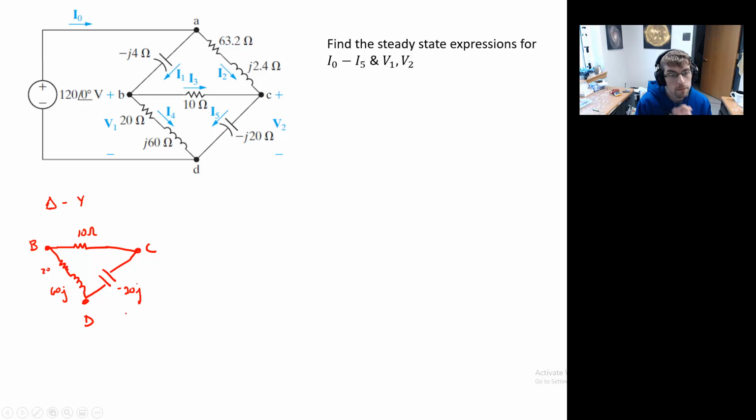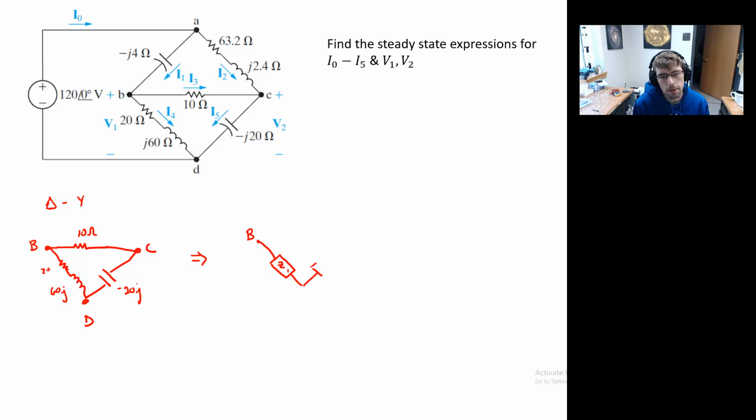If you recall from your lab, we have equations that give us the delta transformation into a Y. And so this Y will be like this. It'll be something like B with an impedance. I believe impedances are usually just boxes, so I'll call that one Z1.